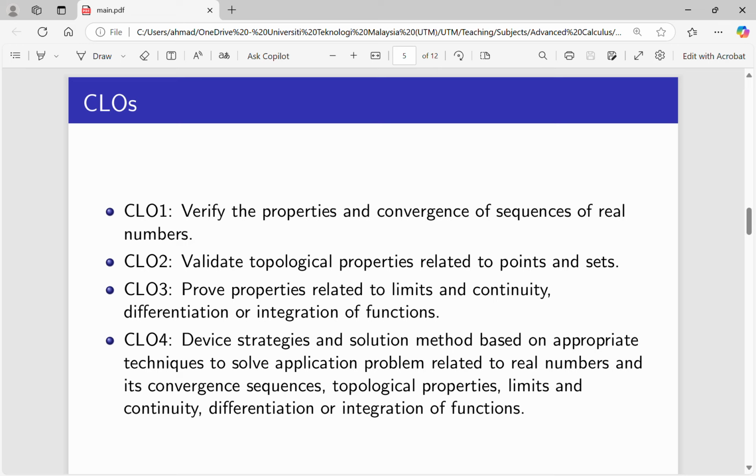CLO3 is about the limits and continuity of functions. For CLO3 we have two parts. First, limits and continuity of functions, and the next part is the differentiation and integration of functions.